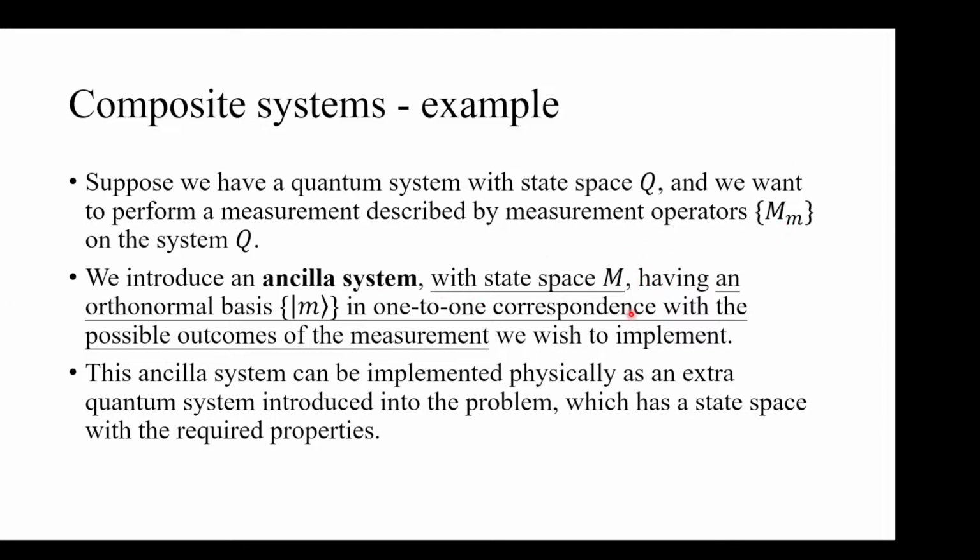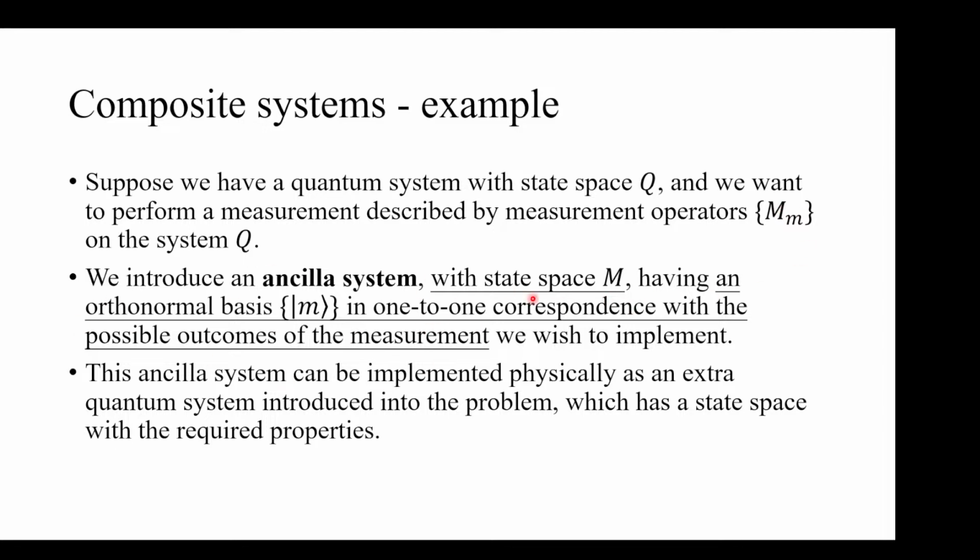Anyway, so we introduce this linear space big M here, and this linear space has some orthonormal basis, labeled by small m, and this small m is actually the same as this small m, because we want the number of basis elements here to be the same as the number of measurement outcomes here.